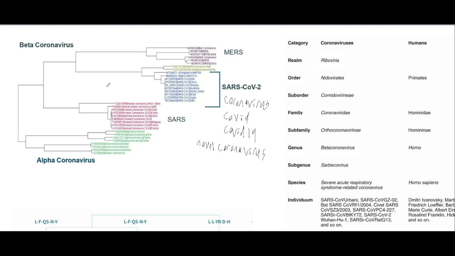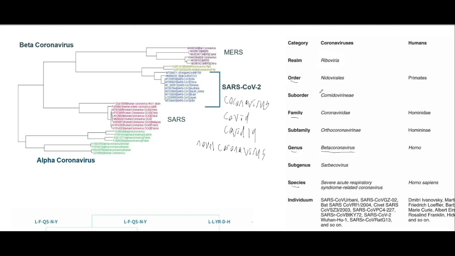And so the coronavirus, or COVID, is a beta coronavirus, which is the genus that it's in. If you remember from your biology 101, there's kingdom, phylum, class, order, family, genus, species.